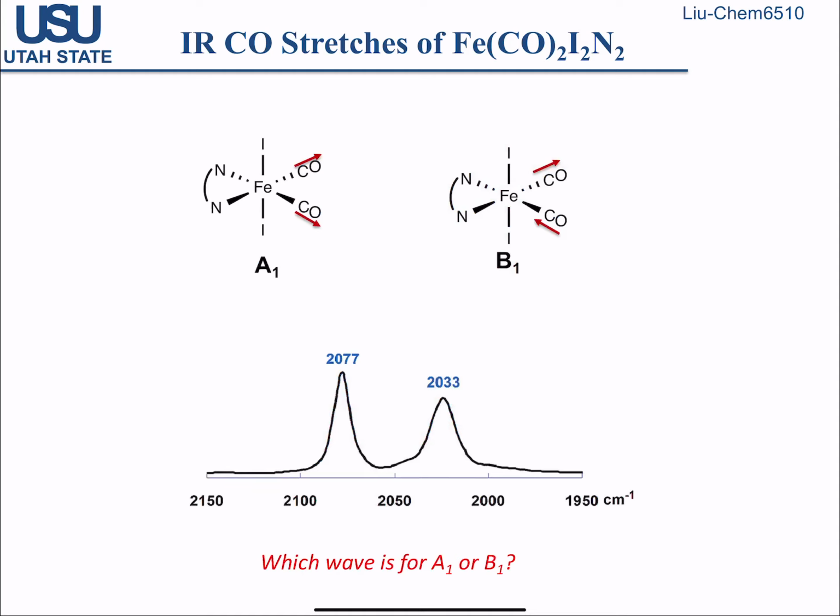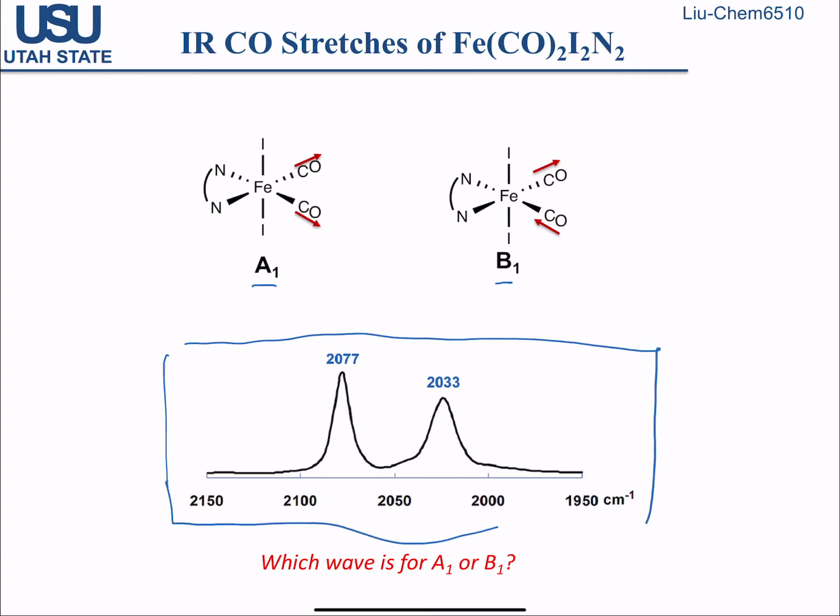And then here is our experimental data. In the publication, people say we have the A1 stretch at certain wave numbers and the B1 stretch at others. Here is the experimental IR data. You can see it has two strong CO stretch peaks, one at 2077 and another at 2033.